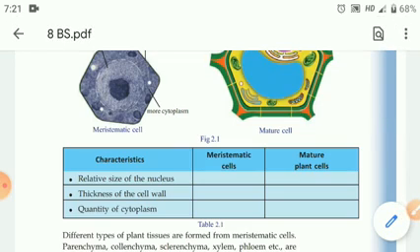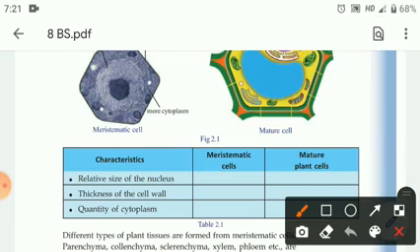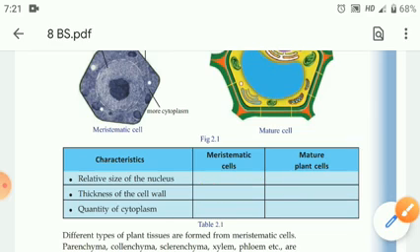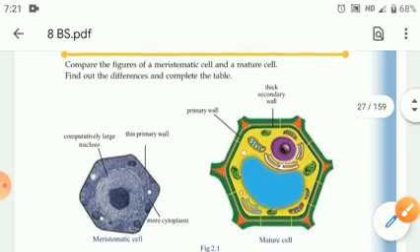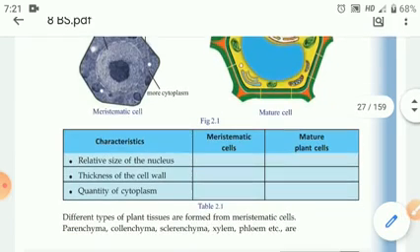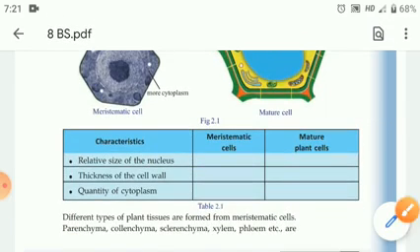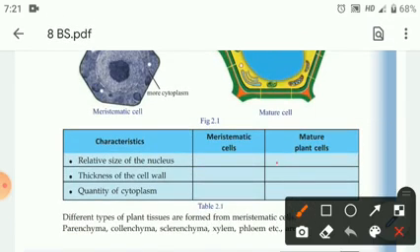You can write here thin primary wall. So what is the difference in the mature cell? It has a thick secondary wall. You can write that in. So the thickness of the cell wall in meristematic cells is a thin primary wall, but here it is a thick secondary wall.